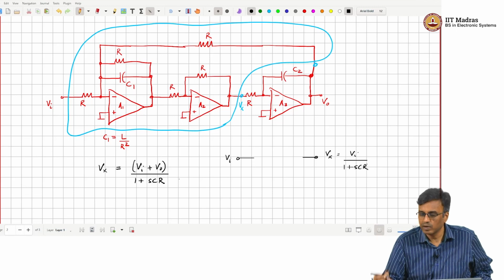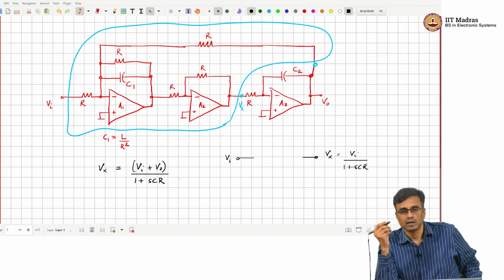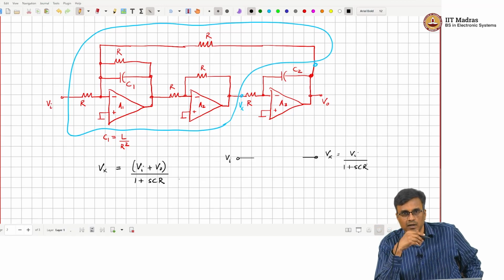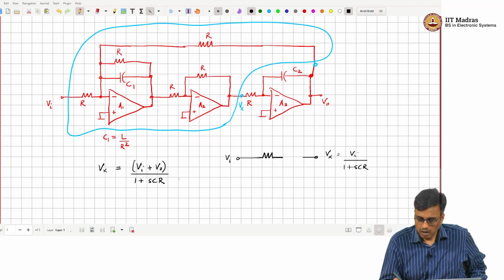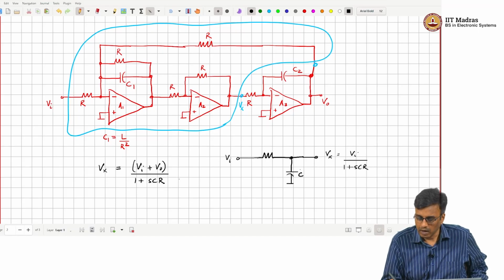What is the simplest circuit you can think of that will do it? Okay, so basically this is R, this is C.